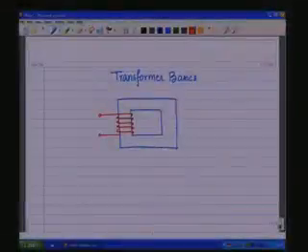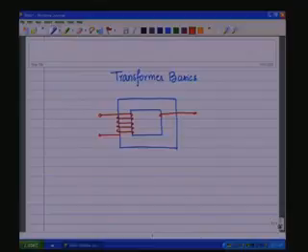So we have two windings, one for the primary, and another for the secondary. So this is the transformer winding.